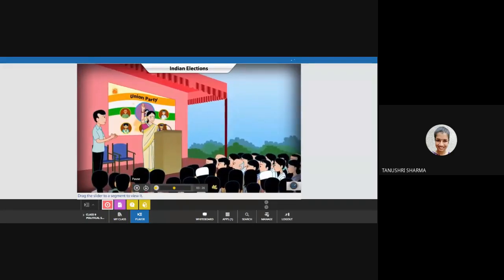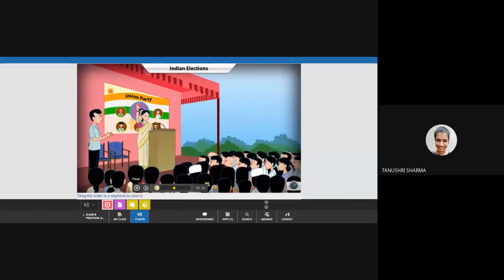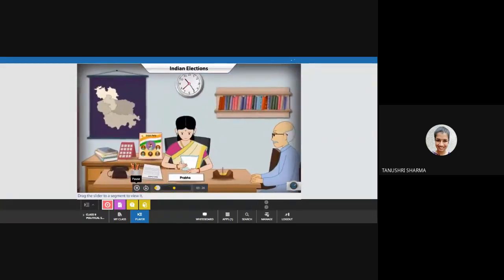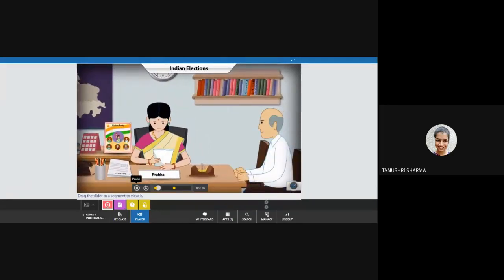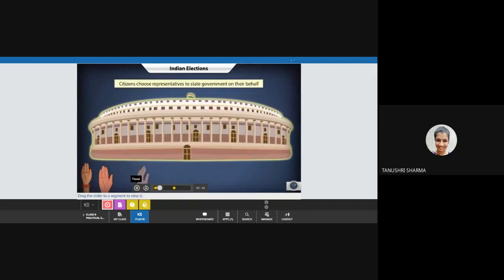Prabha, a Union Party leader, is a noted member of parliament from the state of Madhya Pradesh. Being the member of parliament, she has to recommend the names of potential candidates for the assembly segments in her parliamentary constituency. In these elections, citizens would choose their representatives to run the state government.